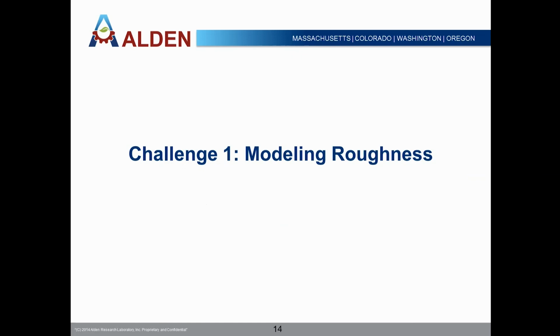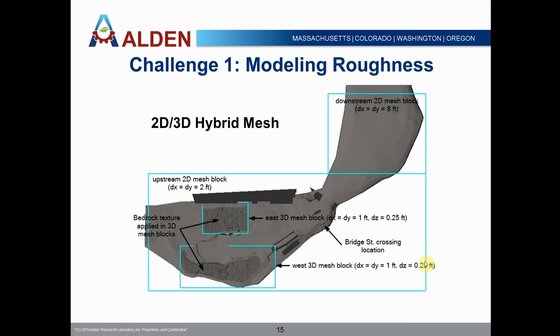So challenge one, modeling the roughness in CFD. Because the roughness is so fine scale, we have a large domain here that's essentially the 2D shallow water mesh block. And into that we drop these high resolution 3D mesh blocks that pick up that fine scale roughness explicitly.